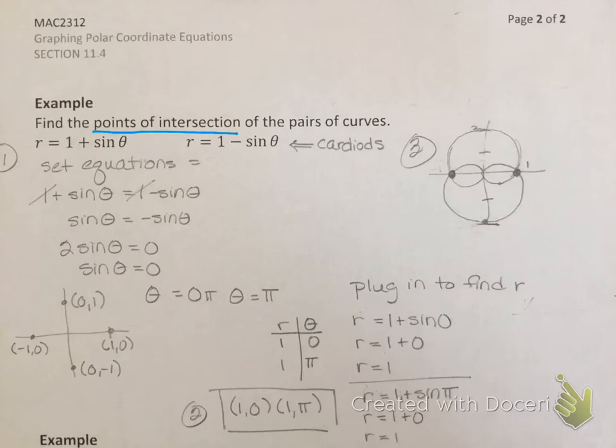For example, overlap a circle and a lemniscate and tell me the area of the intersection of those two things. So we need to be able to find points of intersection.